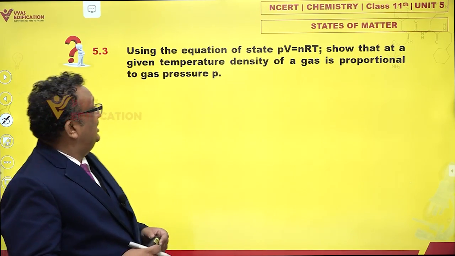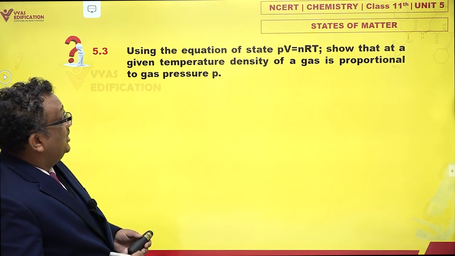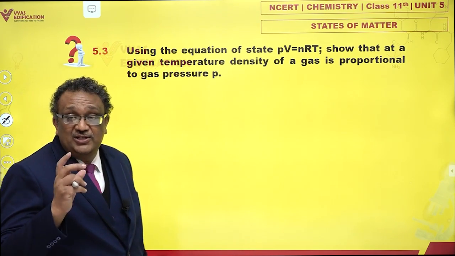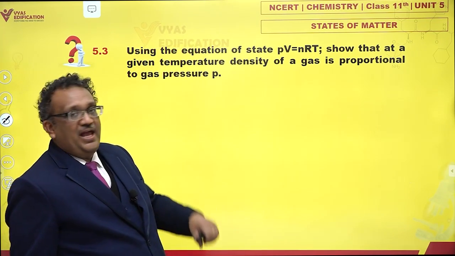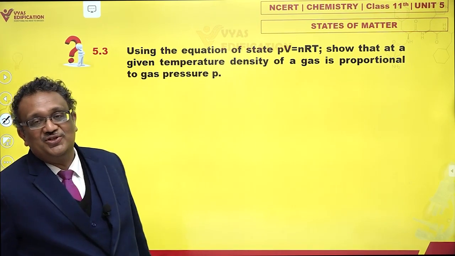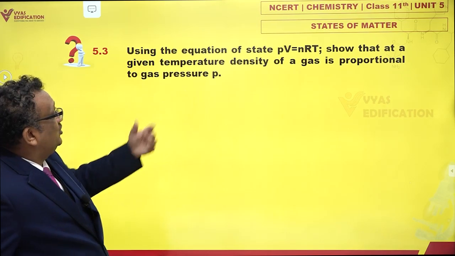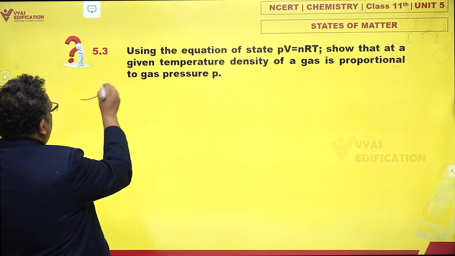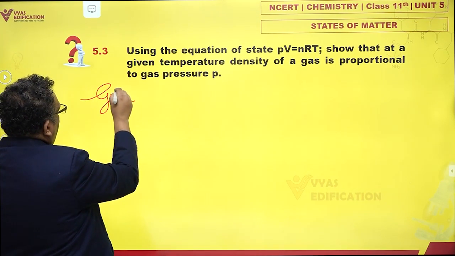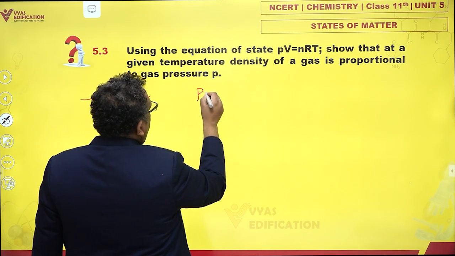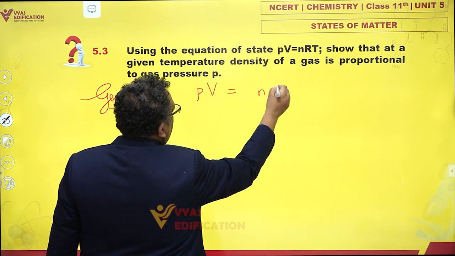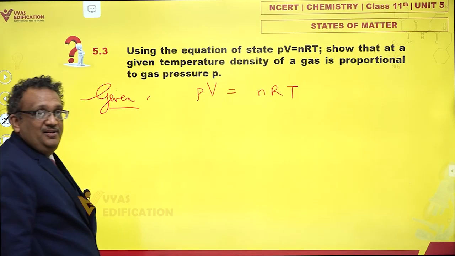Using the gas equation PV is equal to nRT, show that at a given temperature, density of a gas is proportional to the gas pressure P. So how do we start? We start with equation of state PV is equal to nRT. So we just write down, given is PV is nRT, lovely.